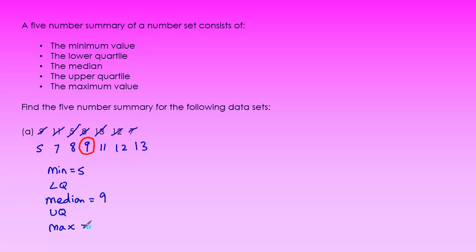Let's put that one down now. So that's 13. So the median splits us into 2 halves. Then the median of this subset of numbers is the 7, and the median of this subset of numbers is the 12. So we can say the lower quartile is 7 and the upper quartile is 12.